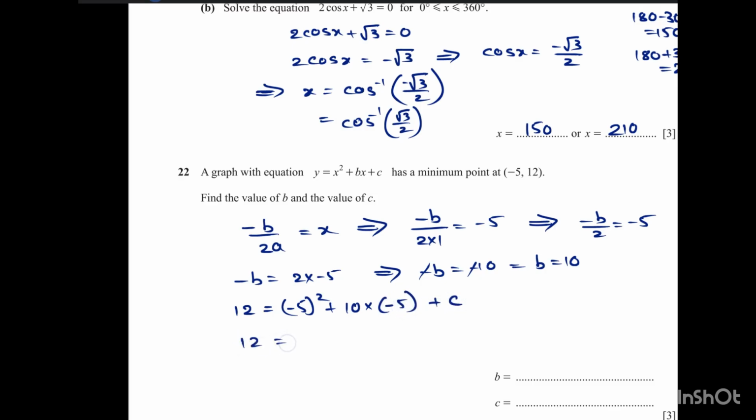So 12 is equal to 25 minus 50 plus c. So c is equal to, you get minus 25 here, 12 plus 25 will be 37. So b is 10 and c is 37.